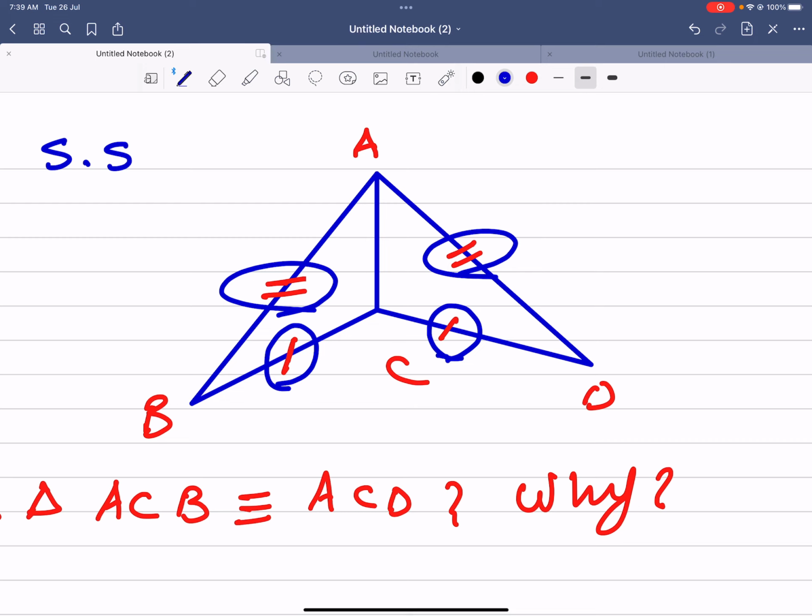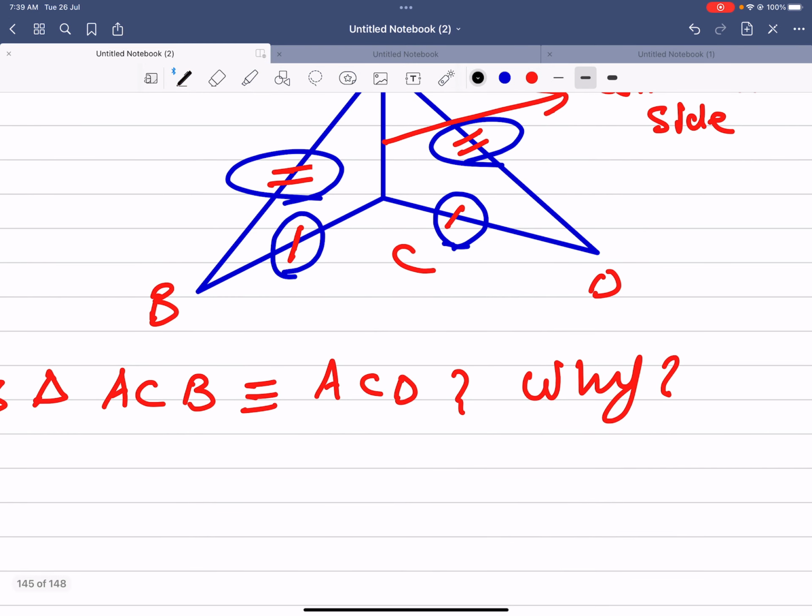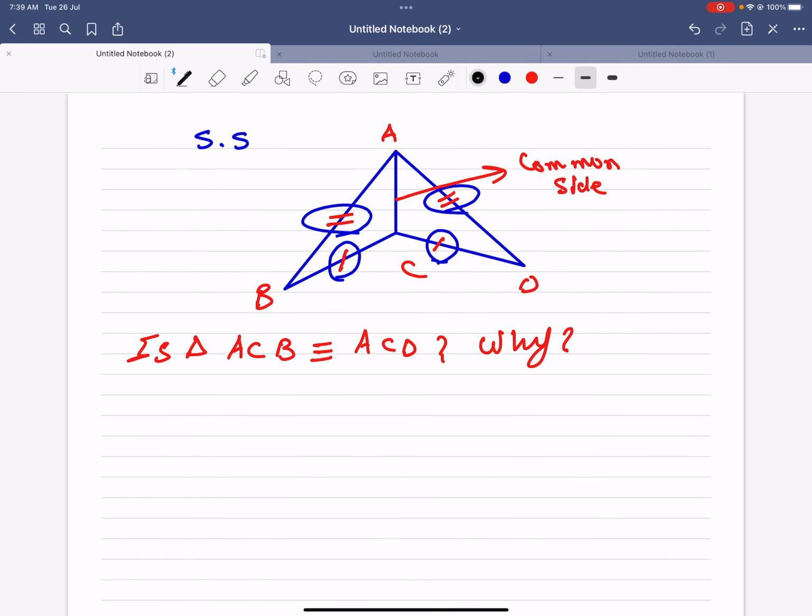What about the third؟ طب التالتة هتبقى ايه؟ طبعا خلي بال حضرتك ان في معلومة مهمة جدا ان AC is a common side. هتقول لي طب يعني what do you mean by a common side؟ I mean both of the two triangles which are in front of you right now share a common side. يعني هم بيتشاركوا في نفس السايد. يعني معنى كده ان السايد ده لو كان equal to 5 في ال first triangle يبقى هو equal 5 برضو في ال second triangle. فبالتالي لما يجي يسألني if they are congruent or not, yes they are congruent.